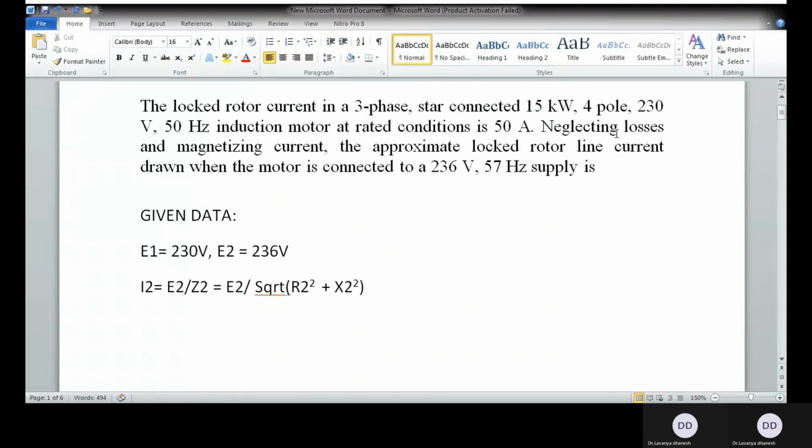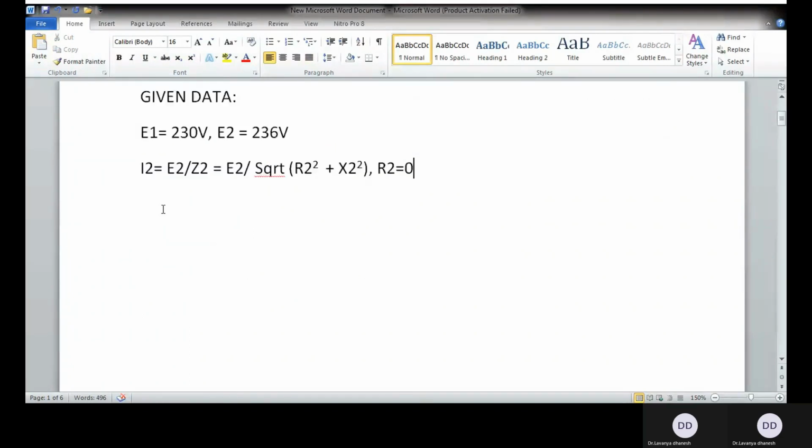So here we are neglecting the losses and magnetizing current. So here R2 will be equal to 0. You're going to substitute that in this expression and find out. So what will you get now? I2 will be equal to E2 by Z2.